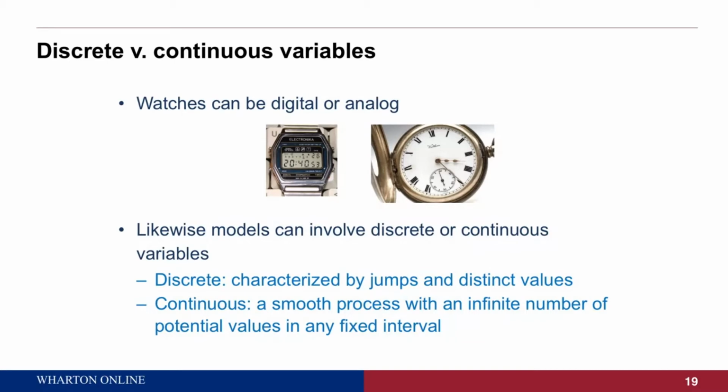Discrete processes are characterized by jumps and distinct values, just like the digital watch. The numbers jump from one to another, whereas continuous processes tend to be much smoother, and more formally, you can get an infinite number of values in any fixed interval. Going back to the watch, you will see every possible time presented on the analog watch between, say, 12 o'clock and 1 o'clock, because the hands are going to sweep out every single time within that period.